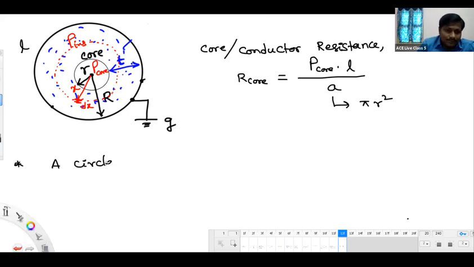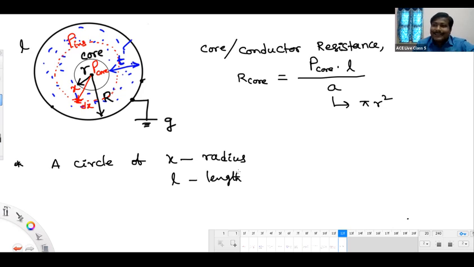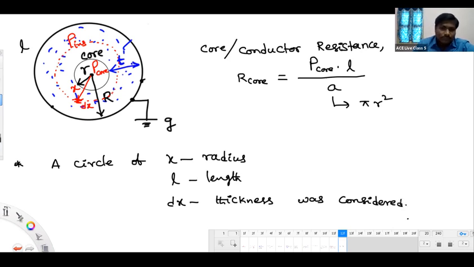A circle of x radius, L length, dx thickness was considered. So I think all of you are getting it.